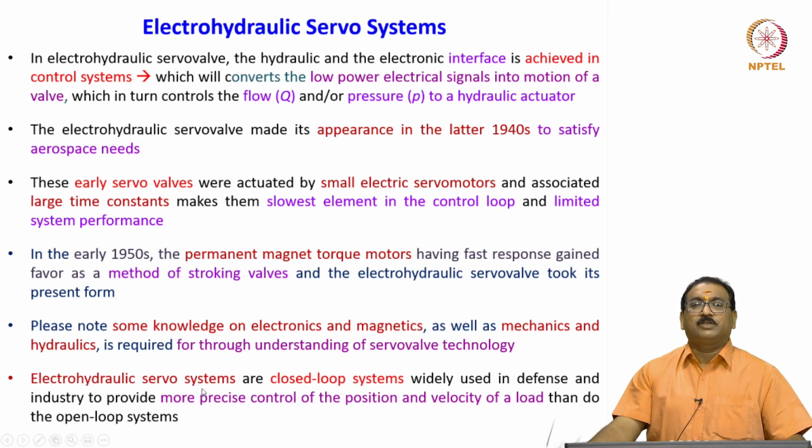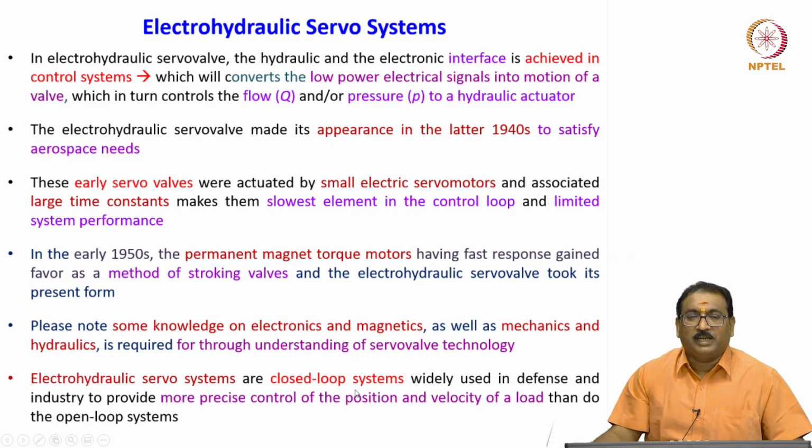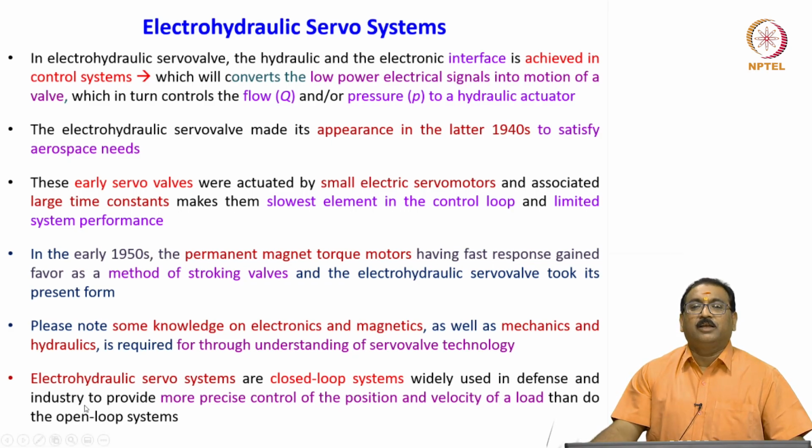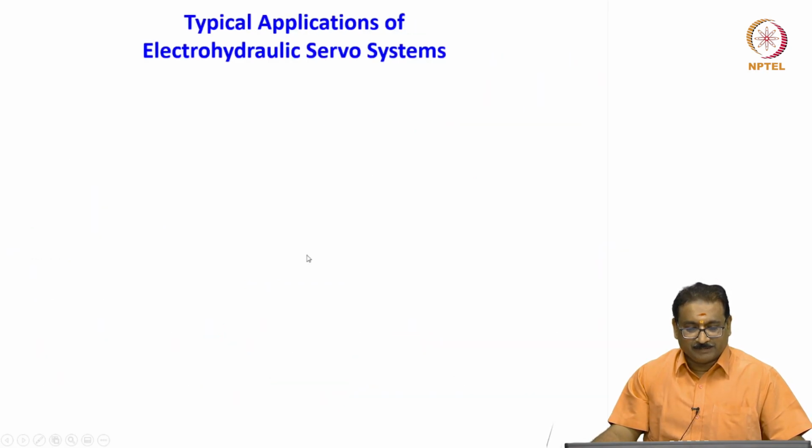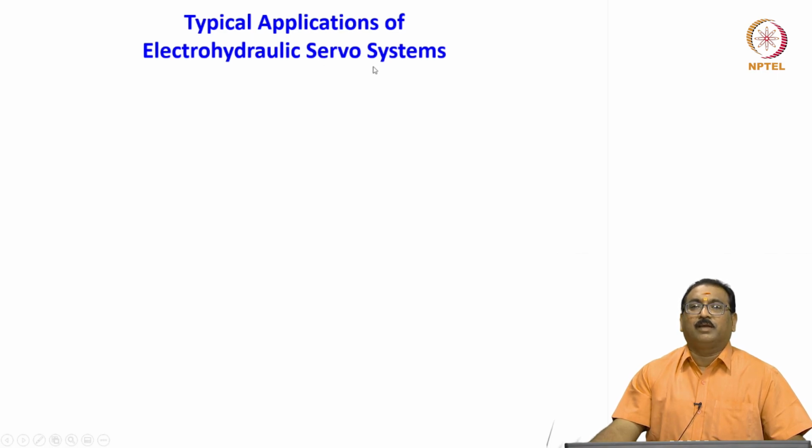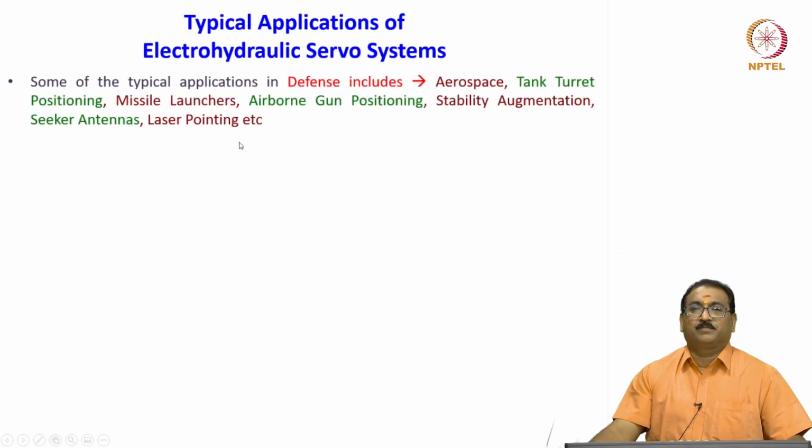Electro-hydraulic servo systems are closed loop systems widely used in defense and industry to provide more precise control of the position and velocity of a load than open loop systems. Now, let us quickly see the typical applications of electro-hydraulic servo systems.